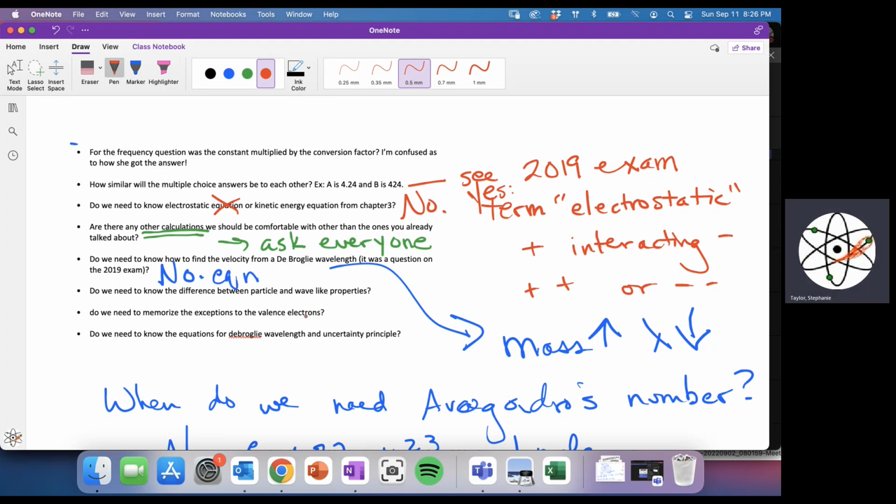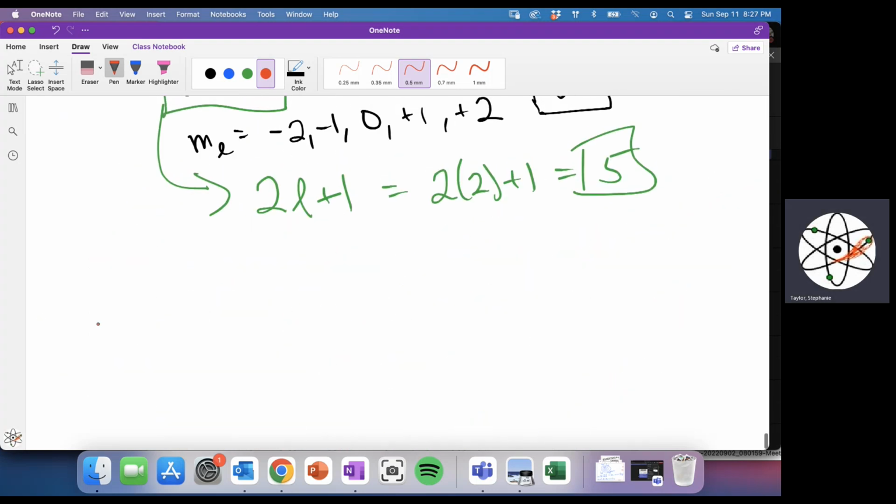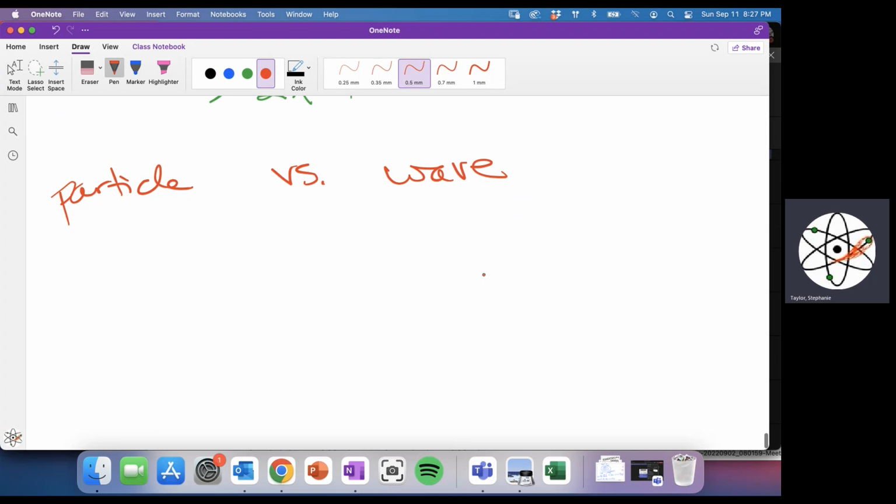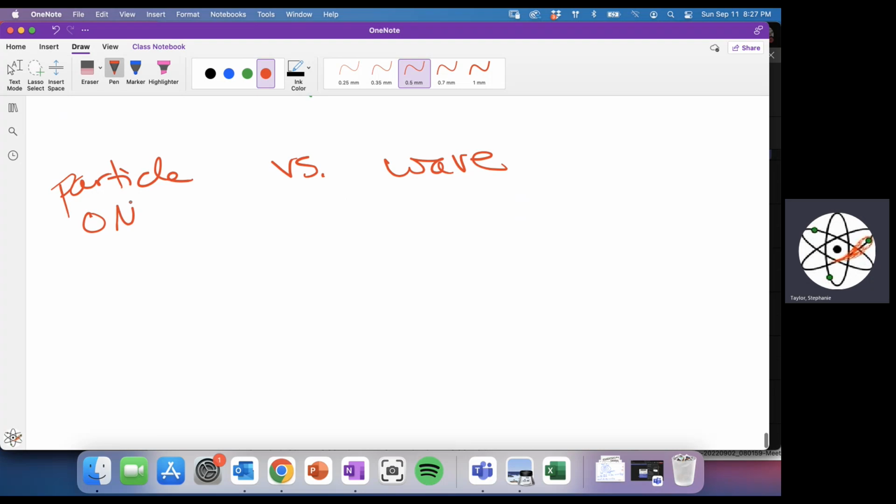Do we know the difference between particle and wave-like properties? I'm going to go with yes on this one. In general, when we try to talk about particle versus wave, I'm going to rephrase this a little bit: there's particle only properties of electrons.